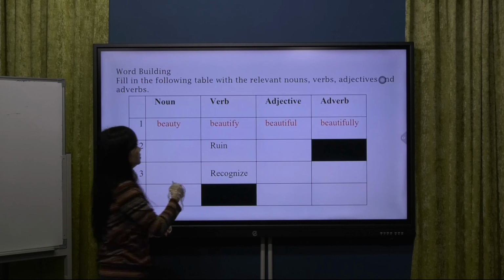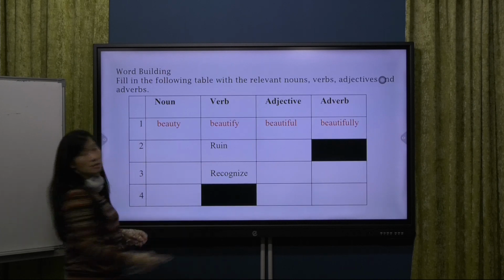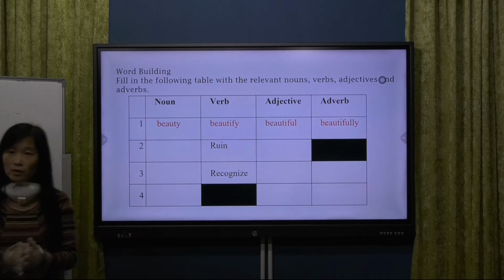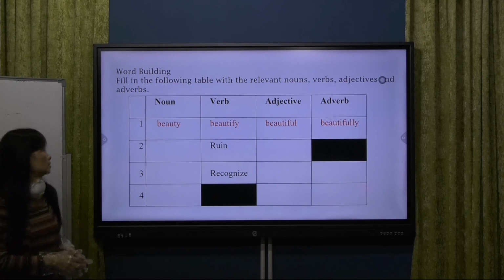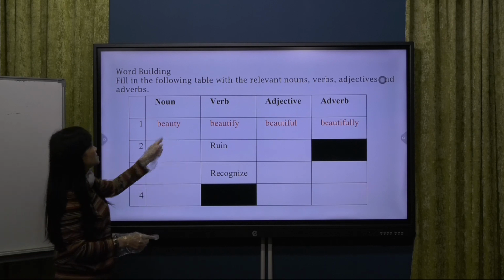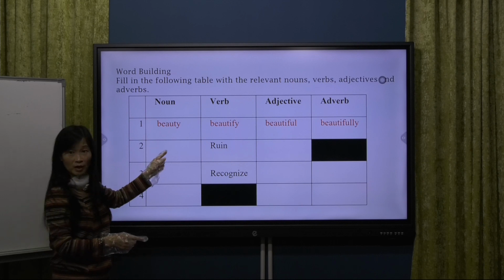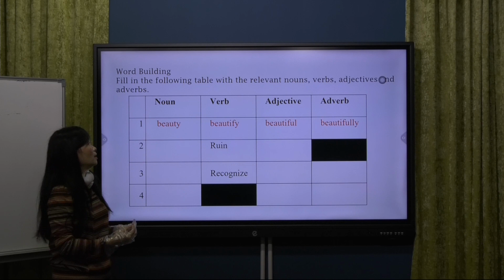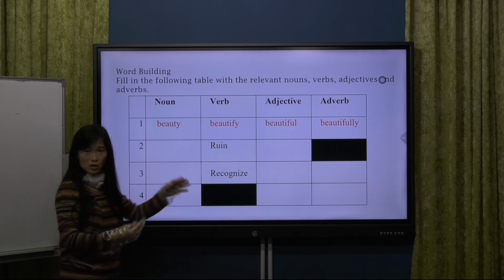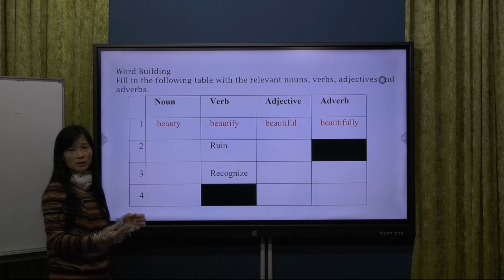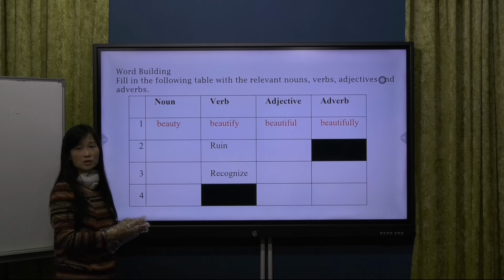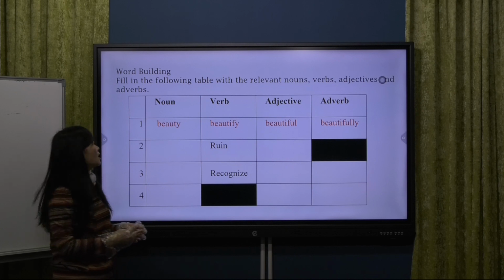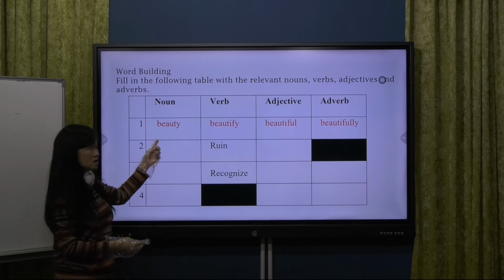And so, go to this. Now why I want to come here is because in our exercise, we have one thing like this. And actually, for some words, they have different forms. You can turn them into different forms. It's another very interesting thing in English. And one example is beauty.